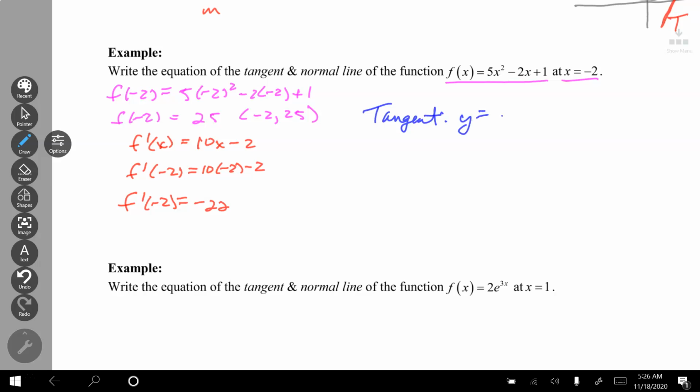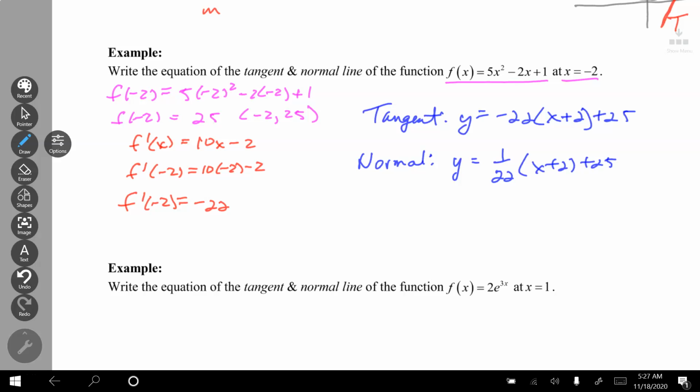Y equals negative 22, x plus 2 plus 25, and my normal line is y equals 1 over 22, x plus 2 plus 25.